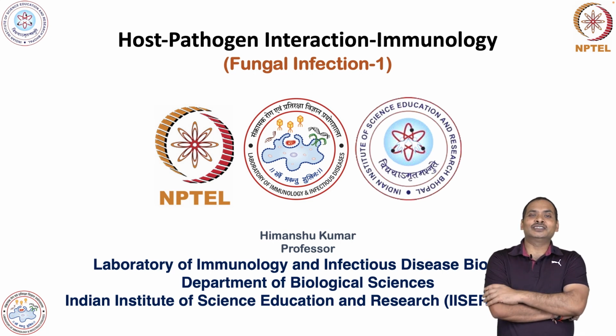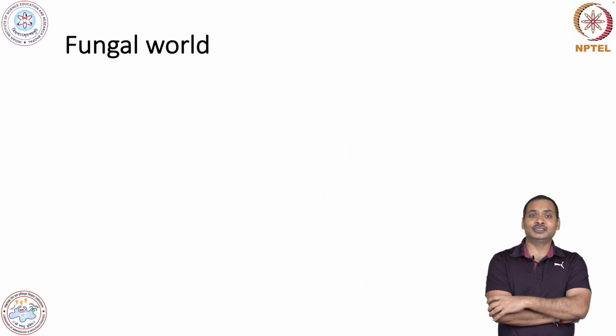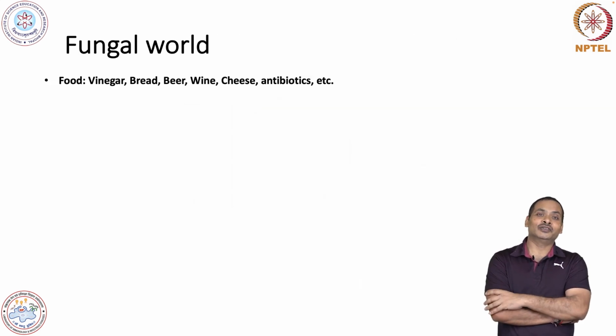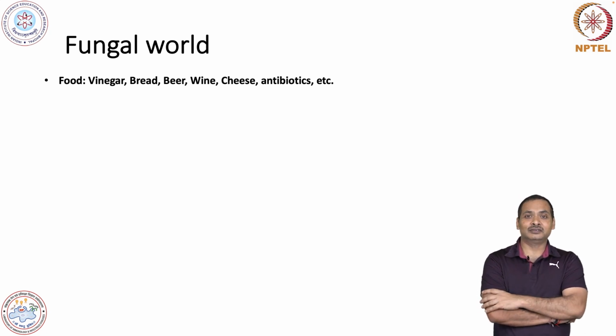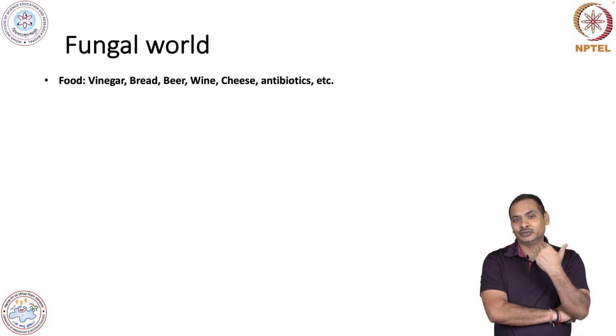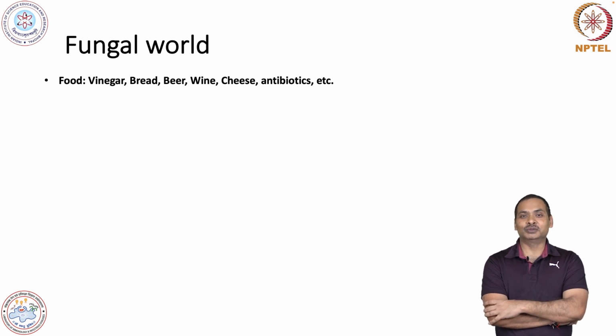So, fungus is very well known for various food products. As you may be aware, a lot of things we produce with the help of fungus. To give a few examples, the best example is vinegar. You know, bread, every morning probably you might be taking bread.